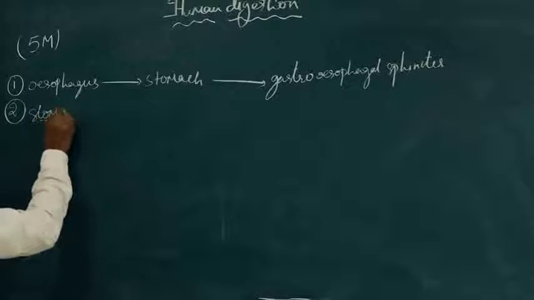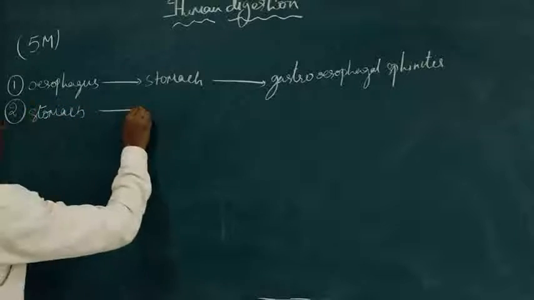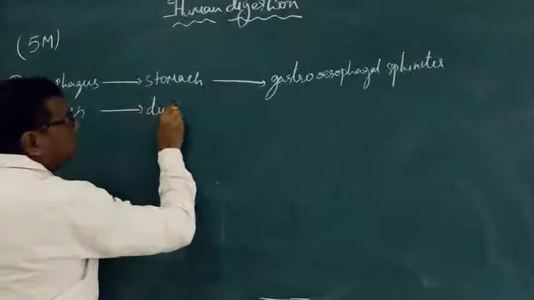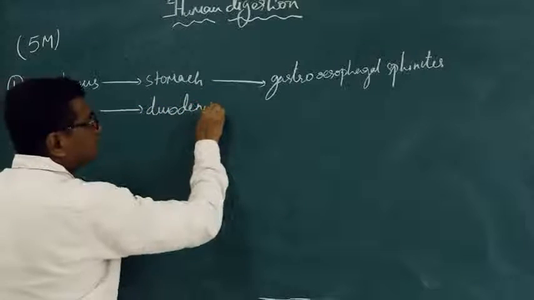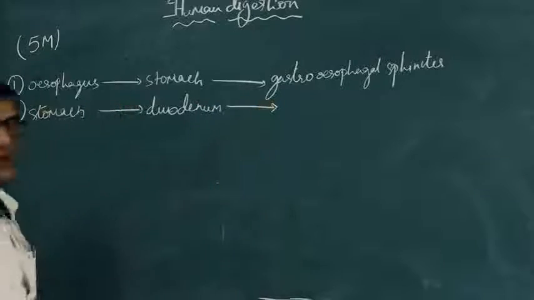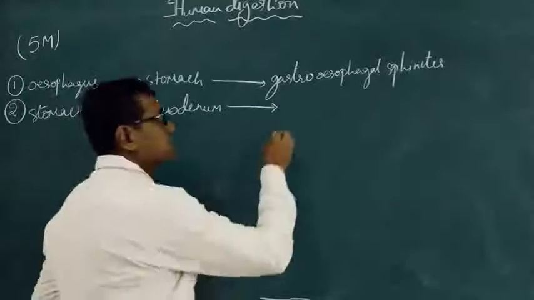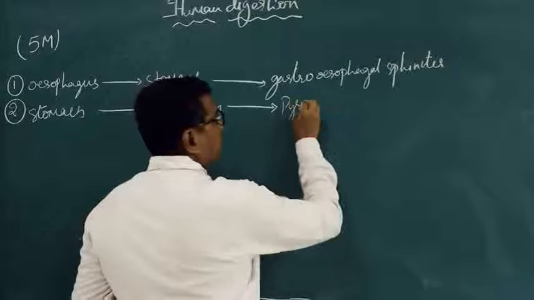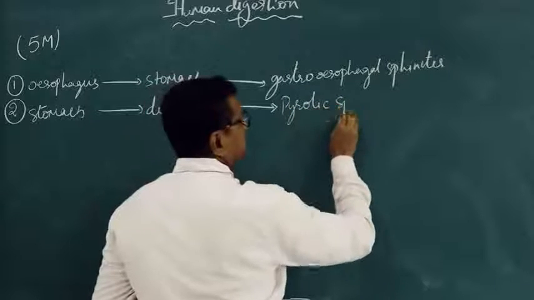The second sphincter is present between the stomach and duodenum, and it is called the pyloric sphincter.